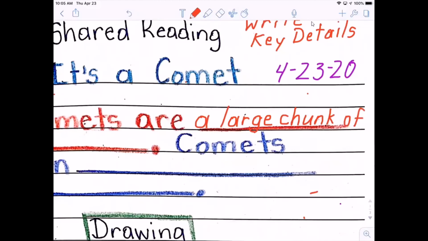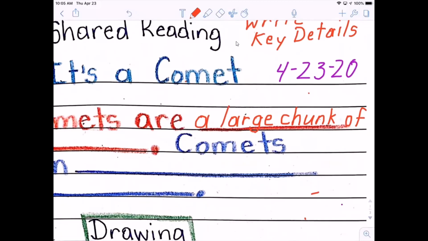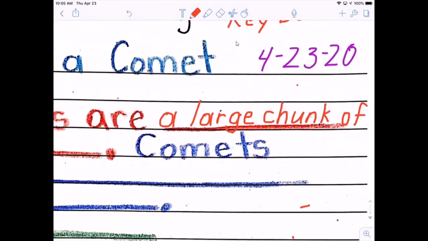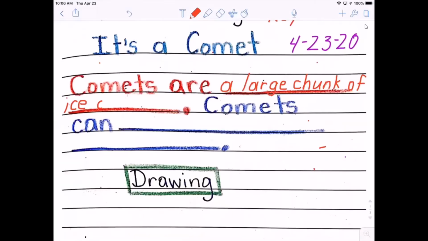Comets are a large chunk of ice. So finish writing that so I can move to the other line. And dust. Okay, comets are a large chunk of ice and dust.